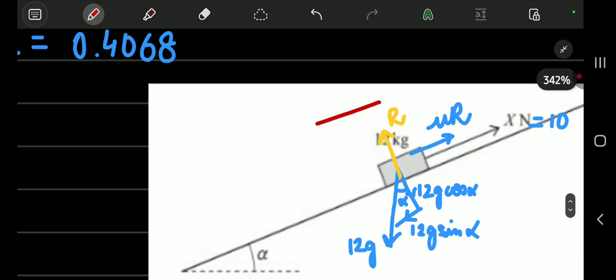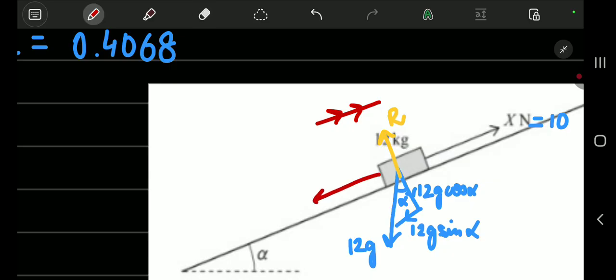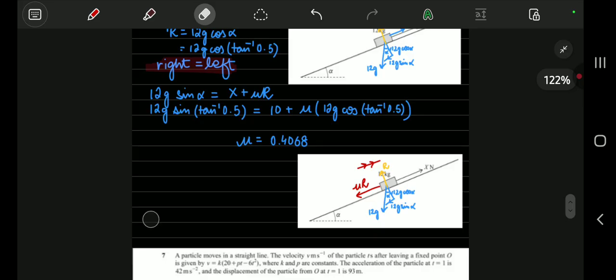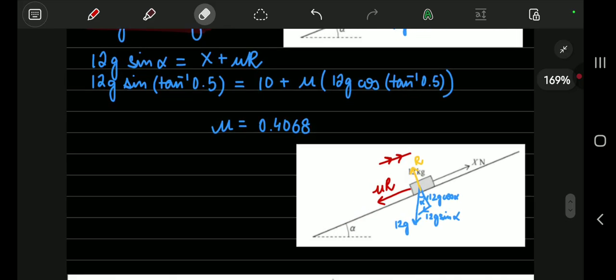Now change a few things. About to move up, so now the direction would be this. Now mu r will be, if it is about to move up, the frictional force will be downwards. X is no longer 10. The rest of the resolved forces are as they are. Now we are again going to apply right equals left. Up equals down is already there. R we found to be equal to 12g cos alpha, so it doesn't change.